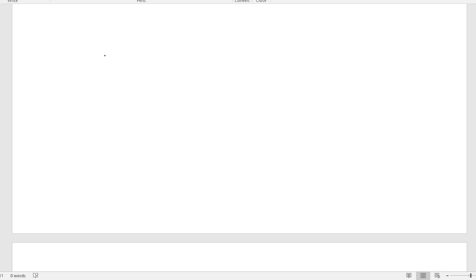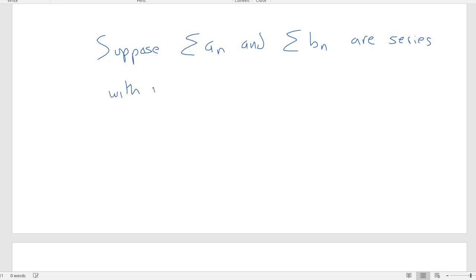It says something like, suppose the sum of a sub n and the sum of b sub n are series with positive terms. I'm technically looking at infinite series here.